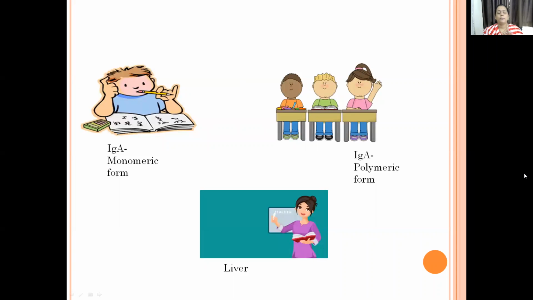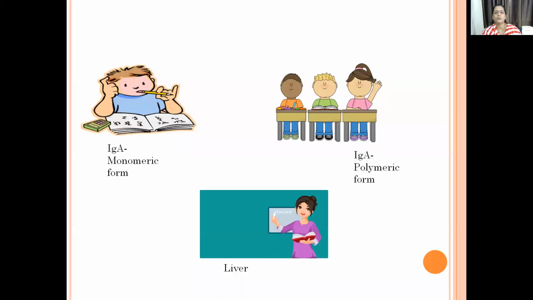Coming to the pathogenesis. IgA is something like a good student. You just sit with your book, in a monomeric form, in a room, trying to read or recollect. So IgA is usually present in a monomeric form in the plasma. But if you come to the class, you have some friends, good friends and bad friends.